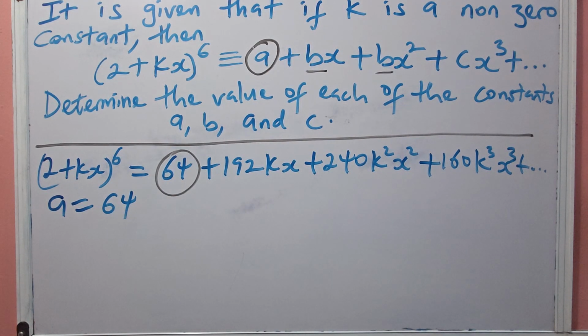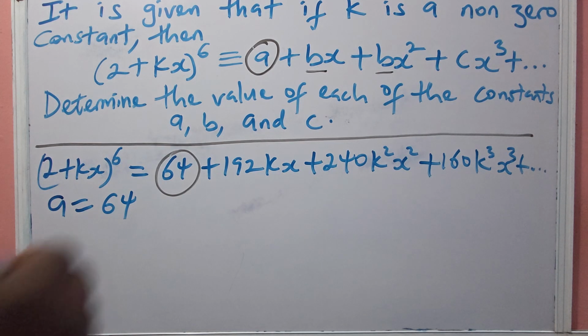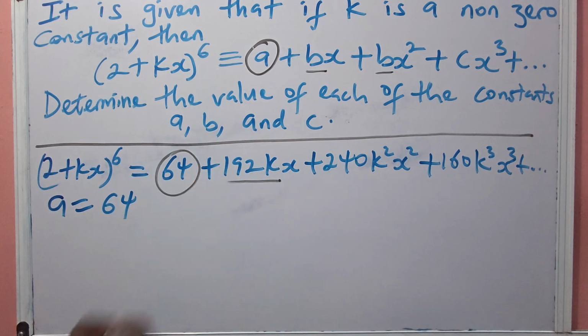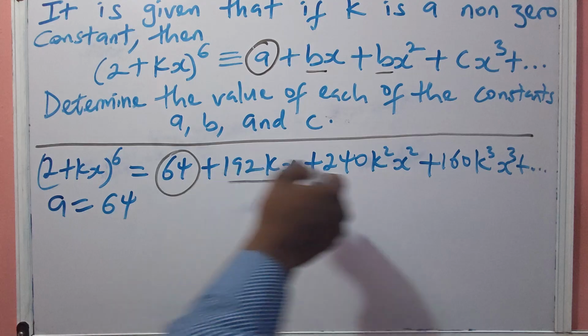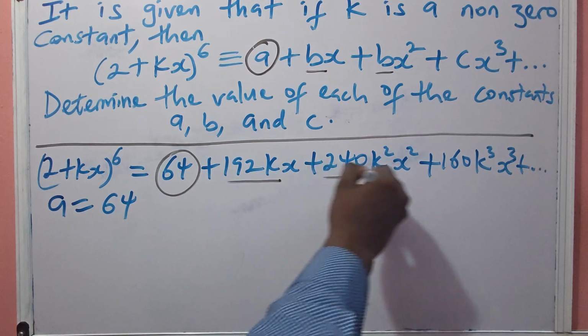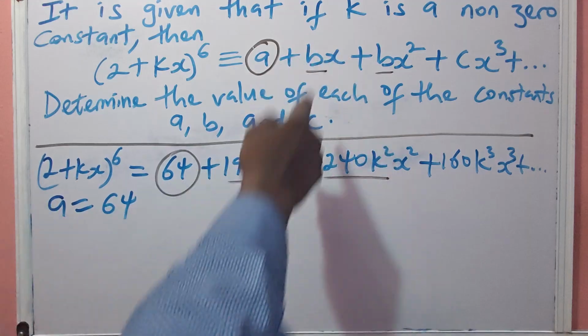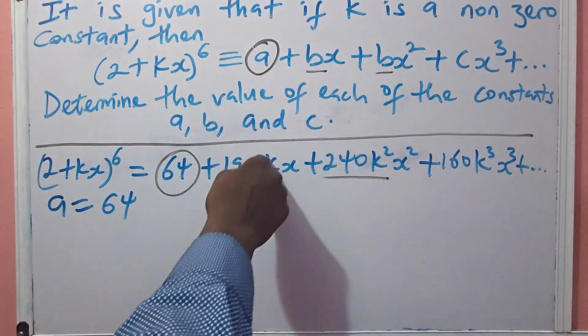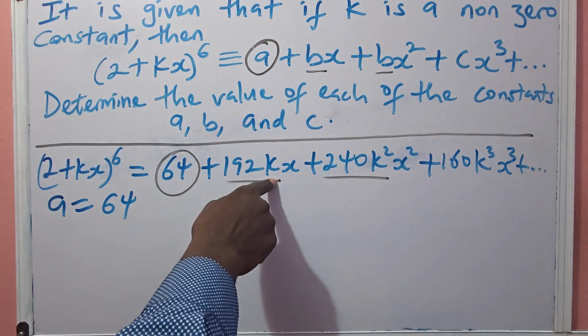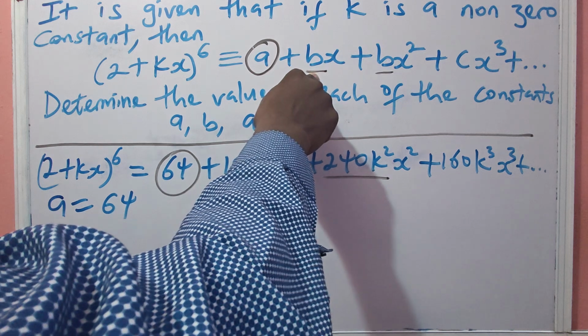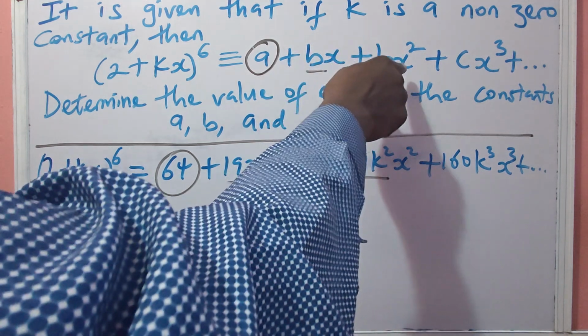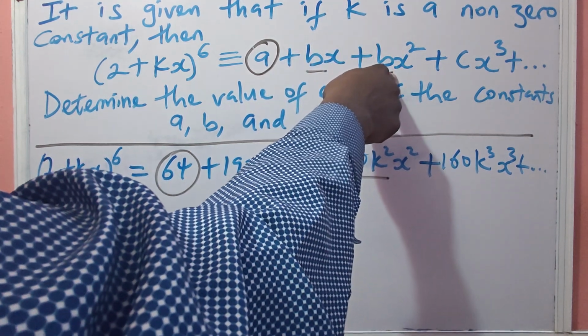So this implies that the coefficient of x here, which was 192k, must be equal to the coefficient of x squared, which is 240k squared, based on what we have here. So you can see the coefficient of x here is b, the coefficient of x here is 192k, and we're told that b was that of this and was the same thing as that of x squared.